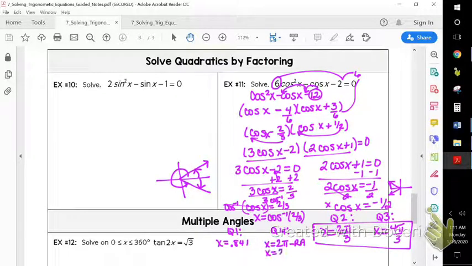Well, that means we're going to take 2 pi minus 0.841, and so we find our quadrant 4 angle to be approximately 5.442. And so there's quadrant 1, there's quadrant 4, and then we still have our other two answers as well. And so there's my 4 solutions for example 11.